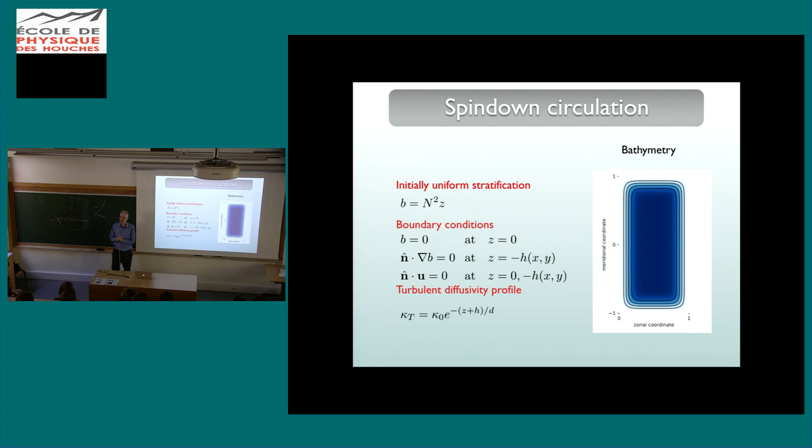We have a 10 to the minus 1 aspect ratio slope in this domain versus 10 to the minus 2 to 10 to the minus 3 for the real ocean. We can get into the detail of why we do that, which is to make the solution computationally more efficient. It doesn't change the qualitative aspect, but it does change the quantitative aspects.